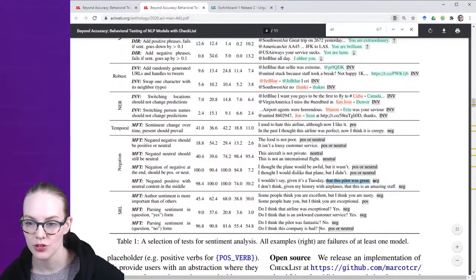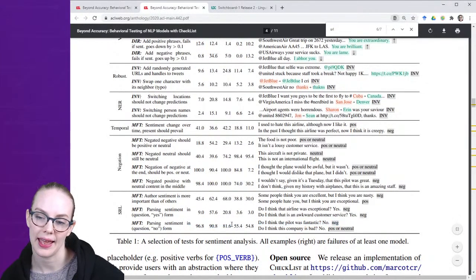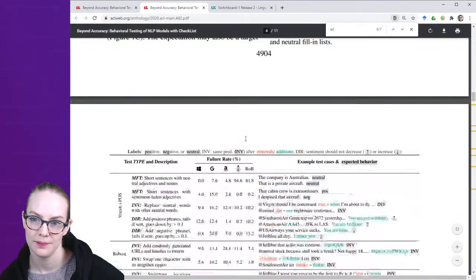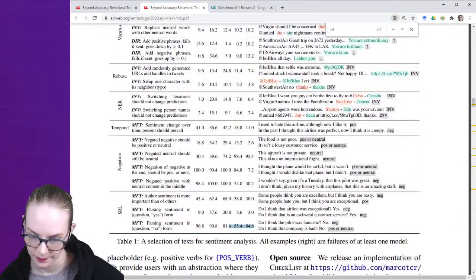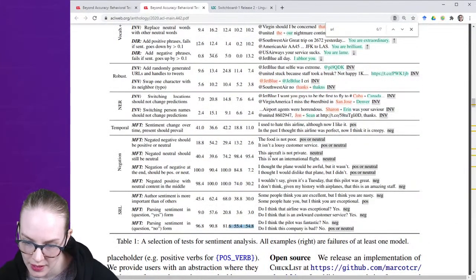No. This should have negative or neutral sentiment, and I'm guessing this was given positive sentiment, and this was given negative or neutral sentiment. So the fact that this negation should apply to this entire statement, certainly the commercial models were fooled by, and the transformer-based models also really struggled with that.